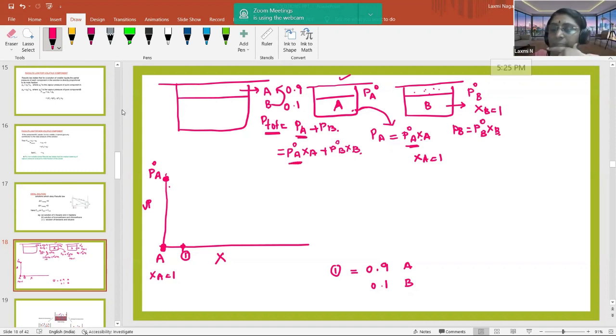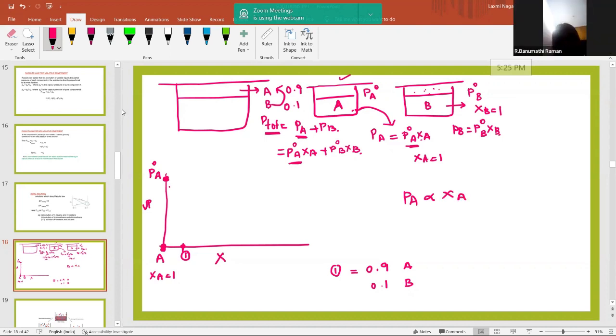So do you think now the pressure due to A will be equal to P naught A? No. And we know from Raoult's law that PA is directly proportional to the mole fraction of A in the solution. So if the mole fraction of A has come down, the PA will come down. Raoult's law says that the mole fraction of the volatile component is directly proportional to the pressure.